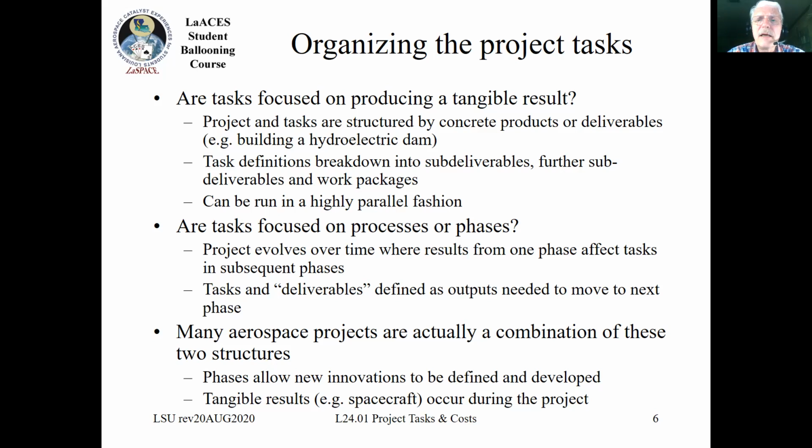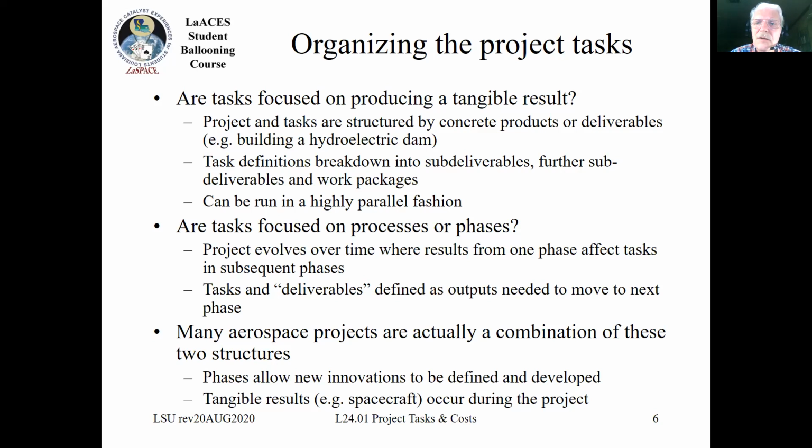Another way that projects might need to be organized is by phases or by processes. This can be a little bit more amorphous because the project could evolve over time, and whatever is happening in one phase affects what is required out of the subsequent phase.